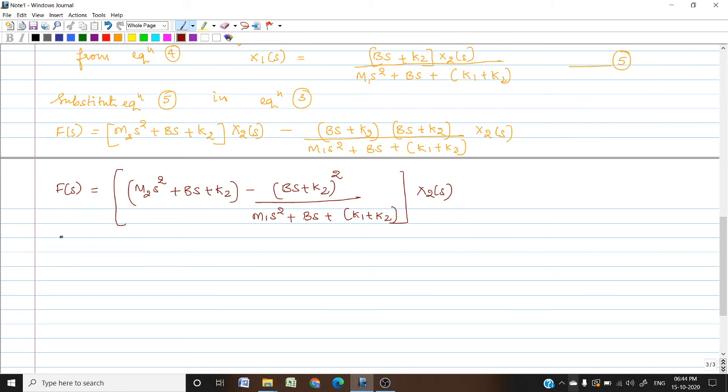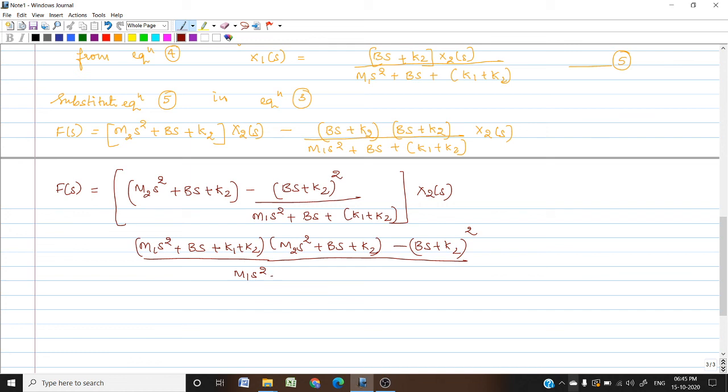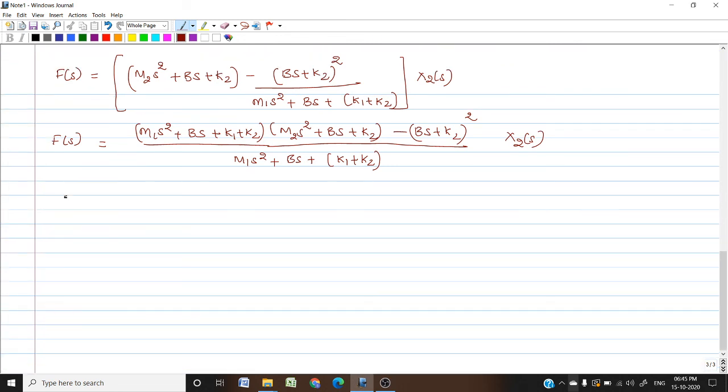So the transfer function, re-simplifying it further, is (m1 s² plus bs plus k1 plus k2) multiplied by (m2 s² plus bs plus k2) minus (bs plus k2) squared, divided by (m1 s² plus bs plus k1 plus k2). So this is into x2 of s.